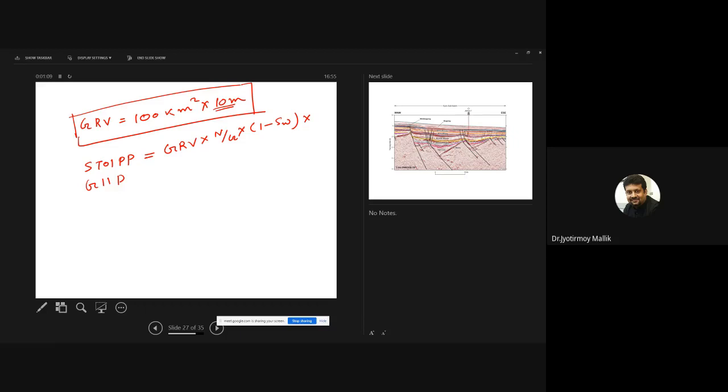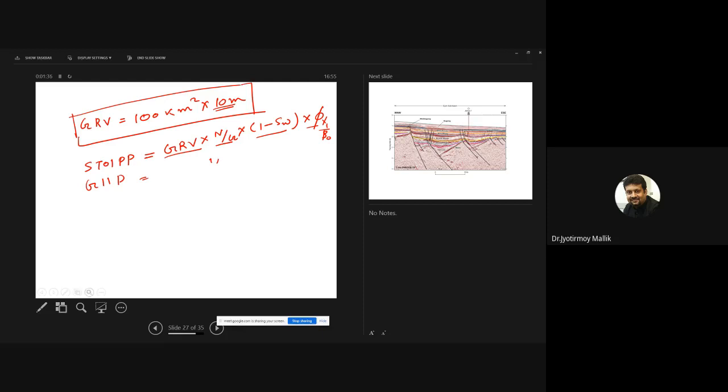What else? I have missed porosity, and of course the expansion factor. I'll get my STOIP, and similarly I'll get my GIP. Okay. So all these parameters, net to gross, saturation, porosity, I have calculated from my well logs, but the gross rock volume is calculated from seismic.